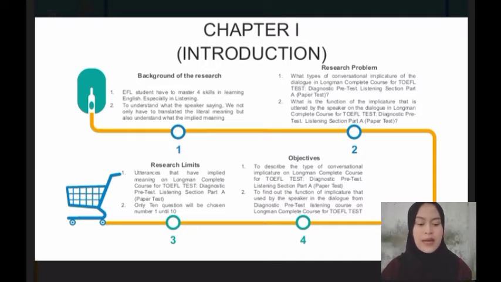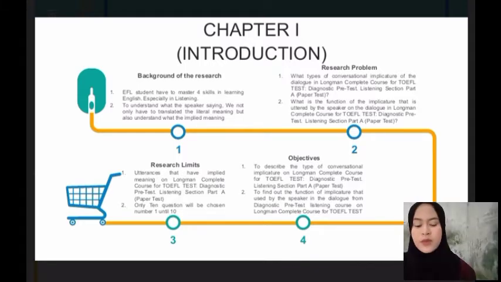It comes from a problem. Of course, as EFL students, we should master four skills in learning English: reading, writing, speaking, and of course, listening.